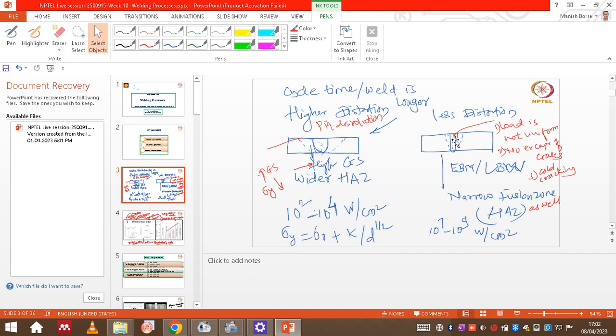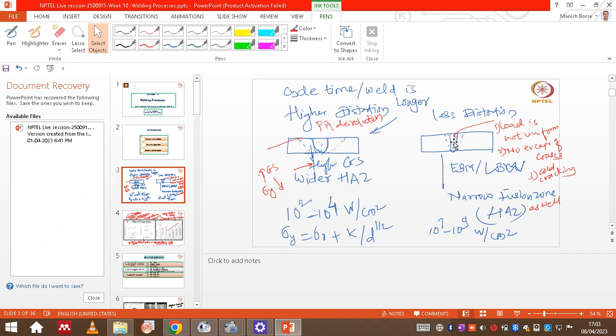Conventional arc welding processes aside, we have also seen that a narrow weld is not good for proper distribution of the load, because the load is not uniform over a large area, it is distributed over a narrow region.